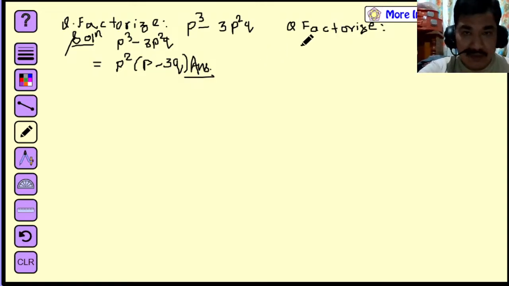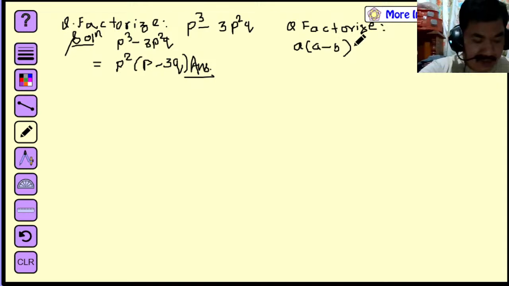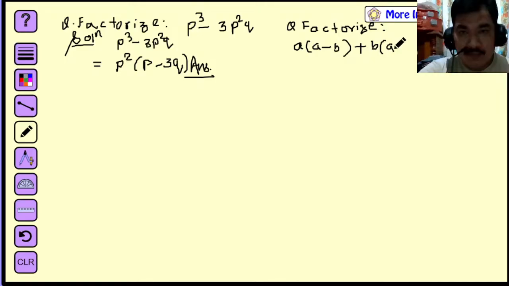One term is a multiplied by a minus b, and the next one is plus b multiplied with a minus b. There are two terms like this, this is one term and this is another term.